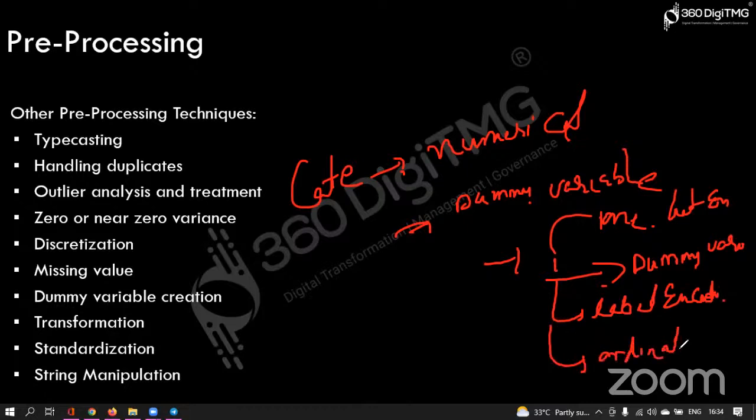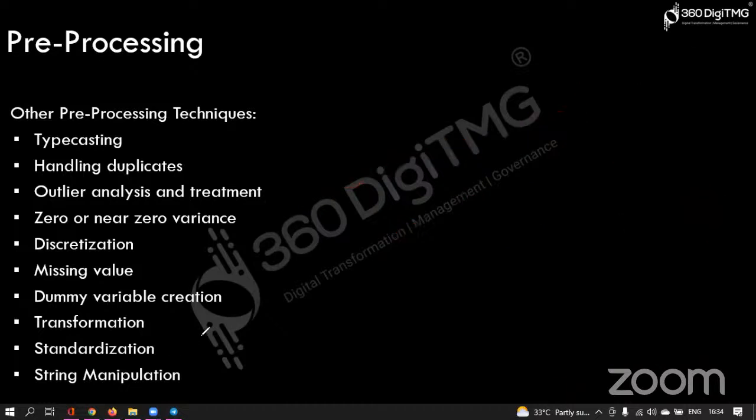There are so many encoding techniques, but mainly we'll be using one-hot encoding, dummy variable creation, and label encoding. So whatever categorical values you have, using the encoding techniques we are converting categorical to numerical.